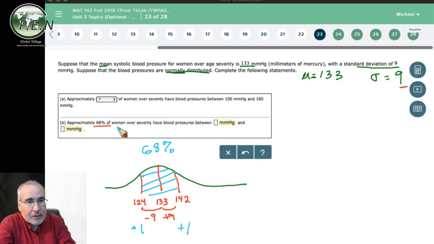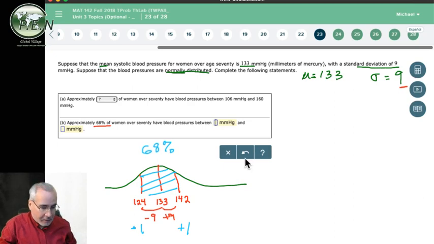So actually we can answer the second question first. It's going to be from 124 to 142. That's the one below to one above. So let's go ahead and put those in. So it's going to be 124 to 142.